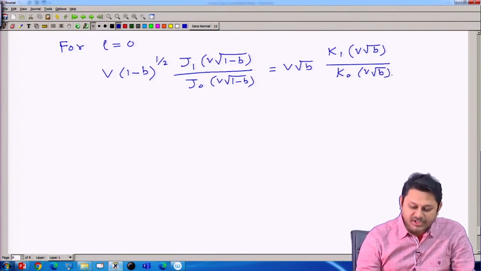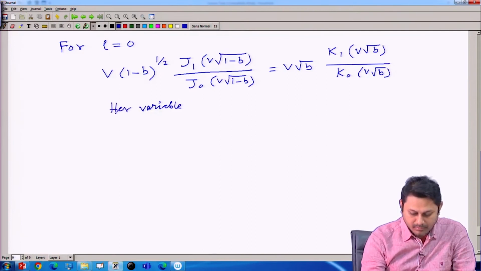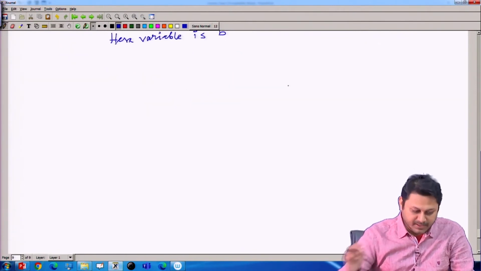Now, what I do, V is fixed, the variable is B. So, B is going to change every time and I will try to find out what the solution is.